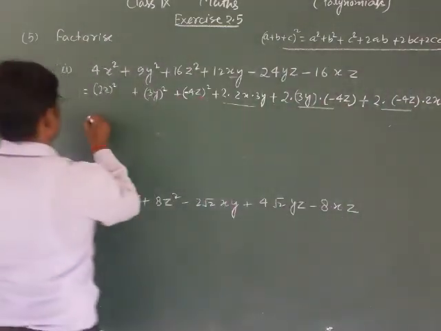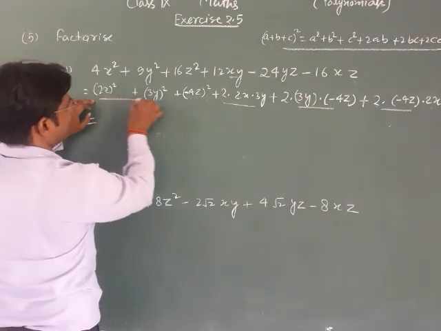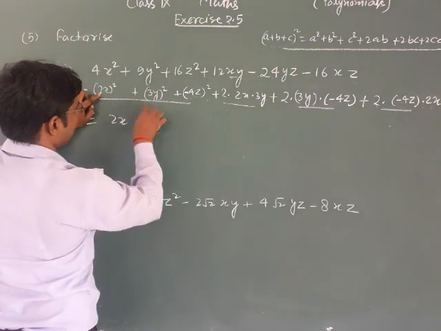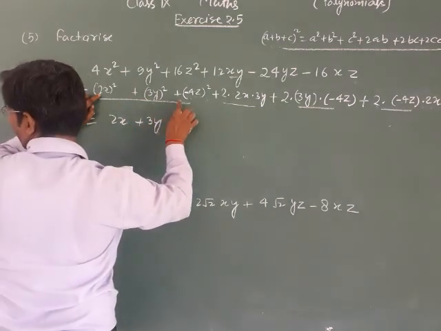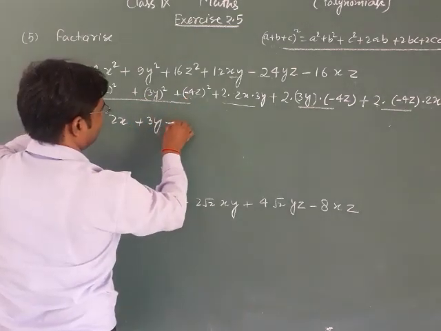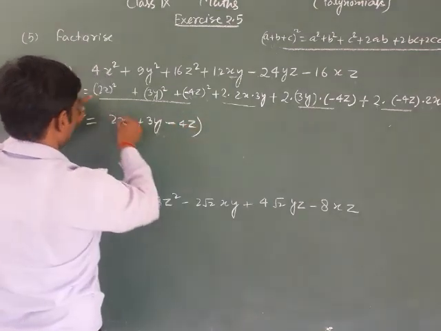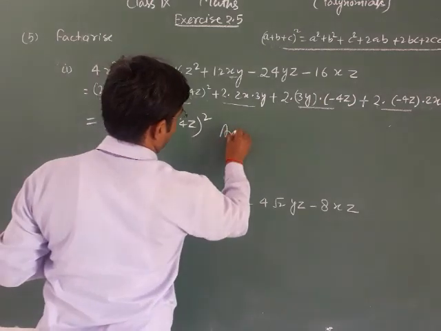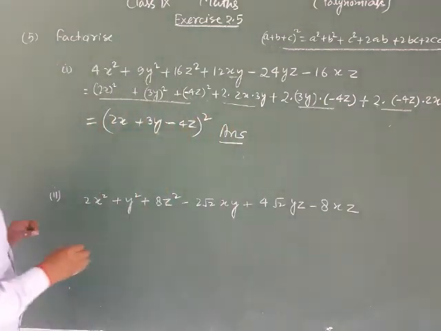So now take 2x plus 3y and minus 4z whole square. This is the answer of this question.